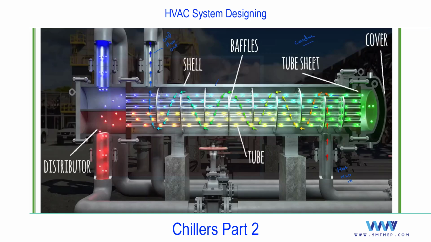Okay, sorry, my mistake. I'm using this as an evaporator, because this is used to cool the water. If I use this to cool the refrigerant, that case is going to be a condenser. But in this image, since this inlet is red, representing hot, and the blue color represents cold, as per this image we can consider this as an evaporator.